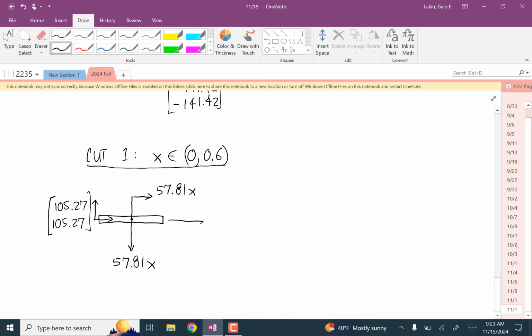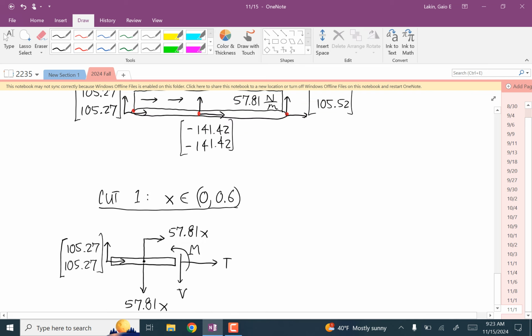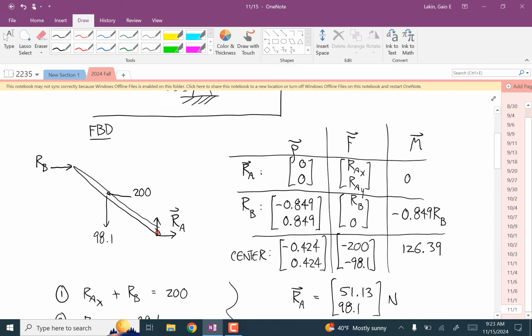And then we have the internal loads. And this horizontal function of x is why, for the first time now, we're going to see internal tensions that depend on x.